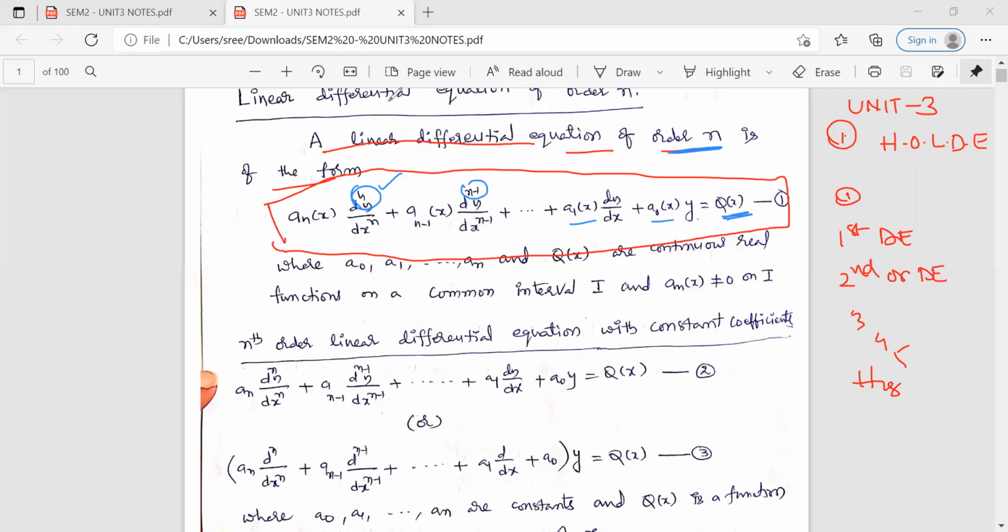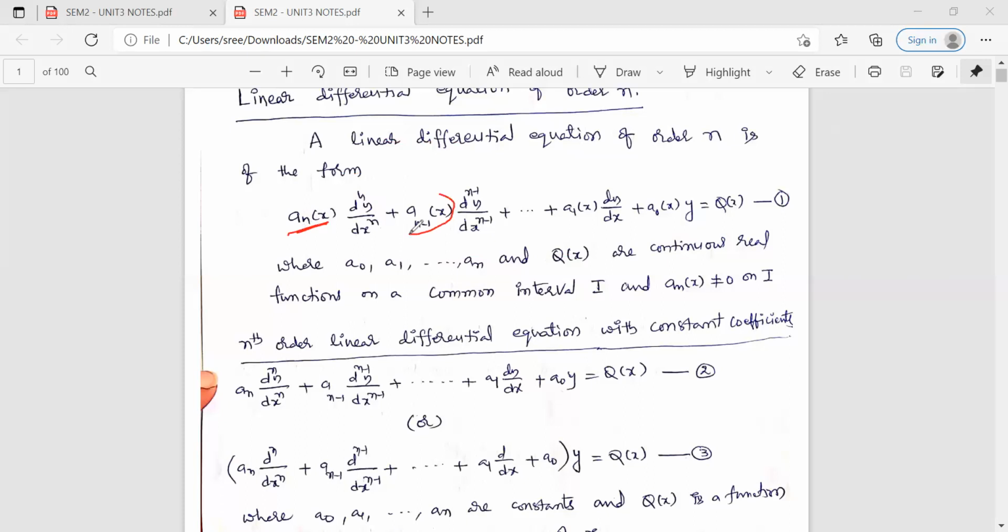Here, an of x, an minus 1 of x, a1 of x, a naught of x are the continuous real functions in x. What are the coefficients here? An of x, an minus 1 of x, a1 of x, a naught of x, and q of x also. These are the continuous real functions in x.